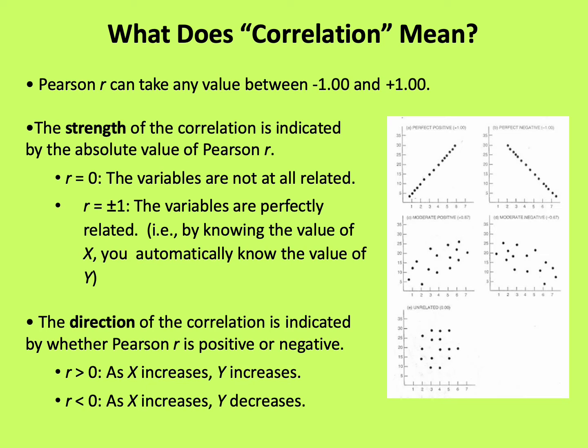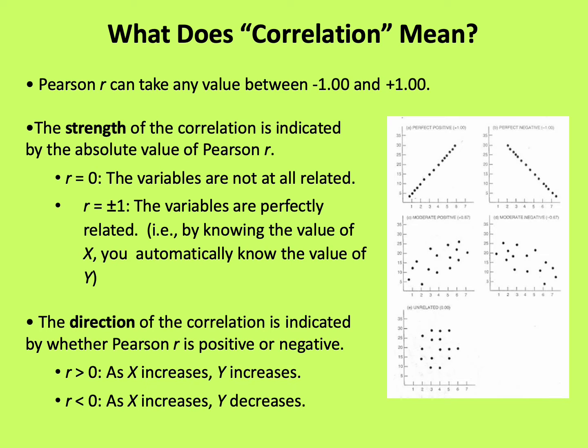For example, a positive correlation might be as hours studying increases, grades on exams or GPA also increase, right? Whereas if your Pearson r is less than 0, meaning it's negative, that means there's an inverse relationship.